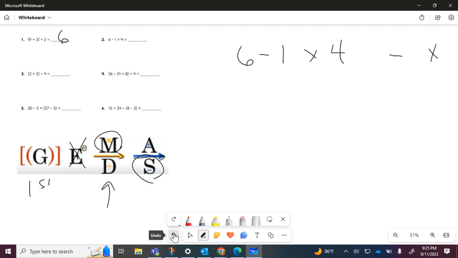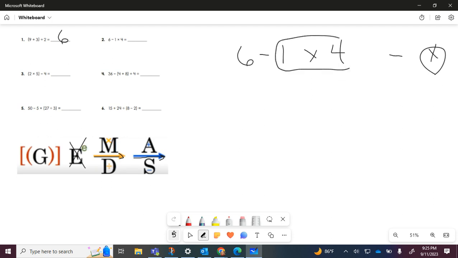In the order of the steps that I do, I need to multiply first. So I'm going to forget about the 6 and the minus, and look right here: 1 times 4, which is 4. I write everything over again, 6 minus, and I cross out what I solved. 6 minus 4 is 2. So number 2 would be 2.